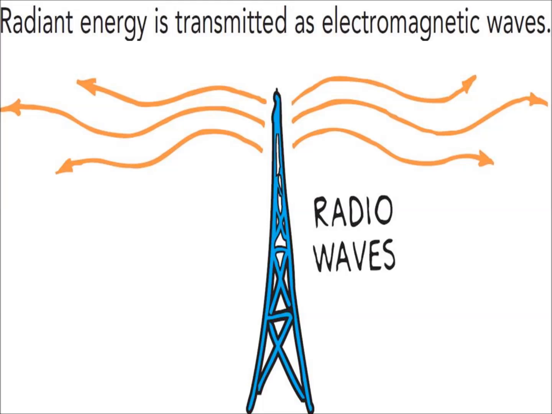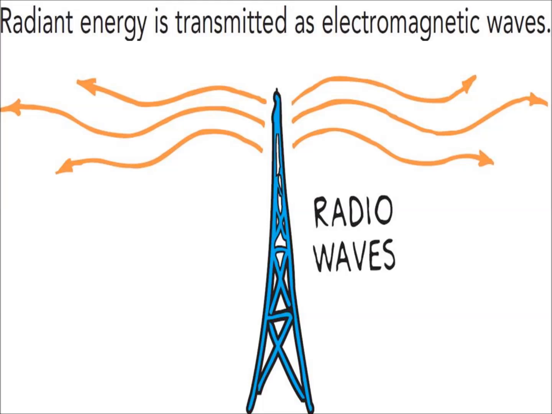Remember, this unit is in part the transfer of energy from one place to another. Radiant energy is transmitted as electromagnetic waves. For instance, radio waves could heat something and then that be re-radiated as infrared waves.